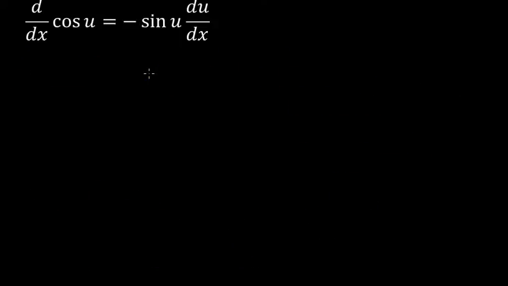Here's another derivative I'm sure that you don't need to memorize. You've already got this. The derivative of cosine u is minus sine u times the derivative of u with respect to x. So let's do an example. Let's find the derivative with respect to x of the cosine of the square root of x cubed. Well, again, when you see radicals, since we're differentiating, it's better to see them as exponents.